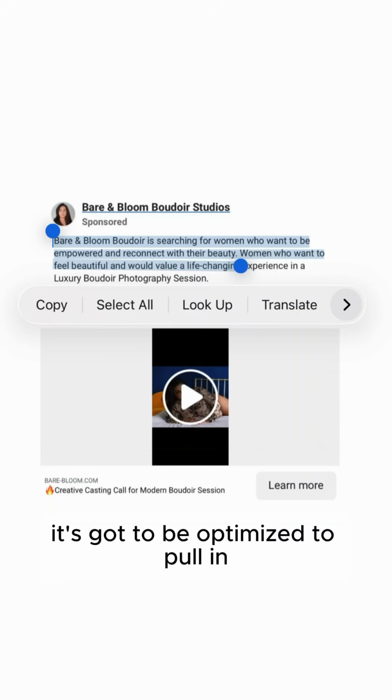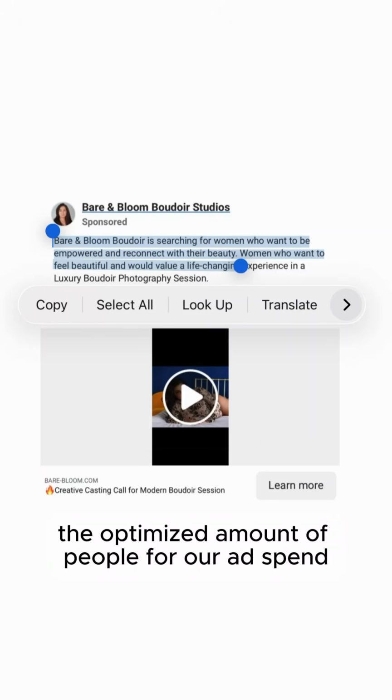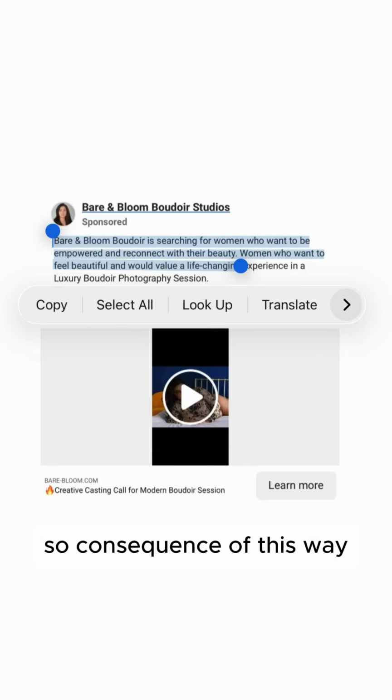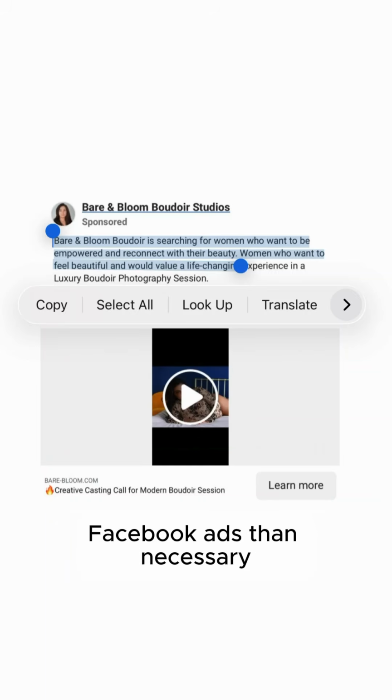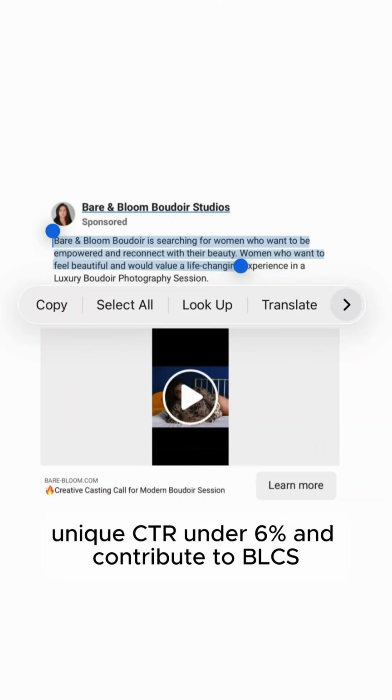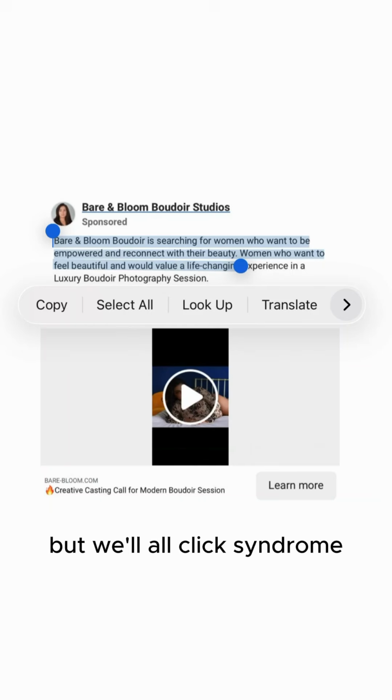It's got to be optimized to pull in the optimized amount of people for our ad spend and get the wrong people to scroll on by. So as a consequence, way more people are going to be scrolling by our Boudoir Facebook ads than necessary. It's going to pull our unique CTR all under 6% and contribute to BLCS, Boudoir low click syndrome.